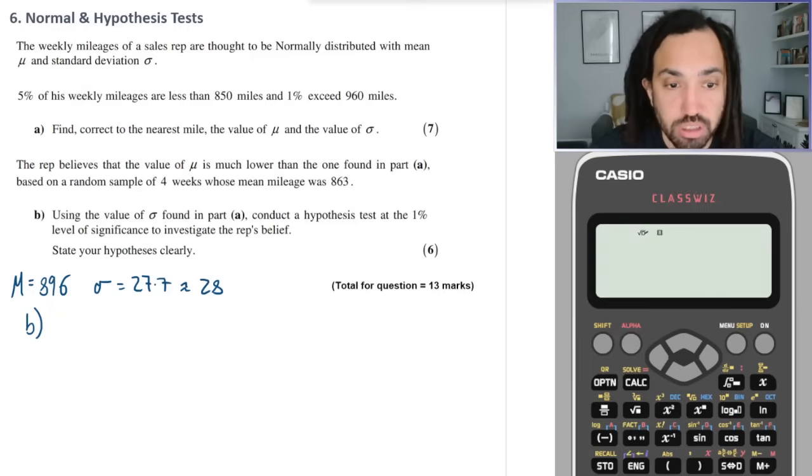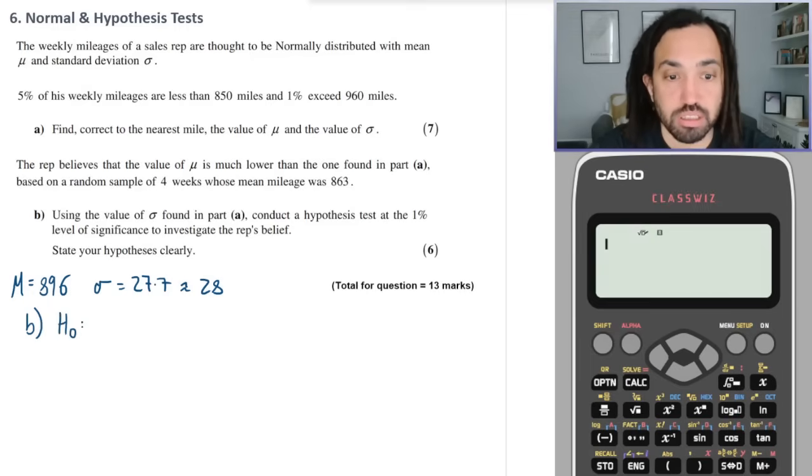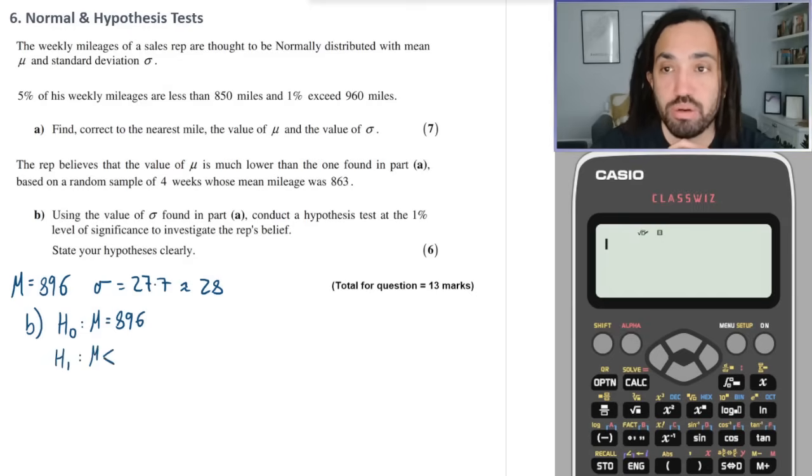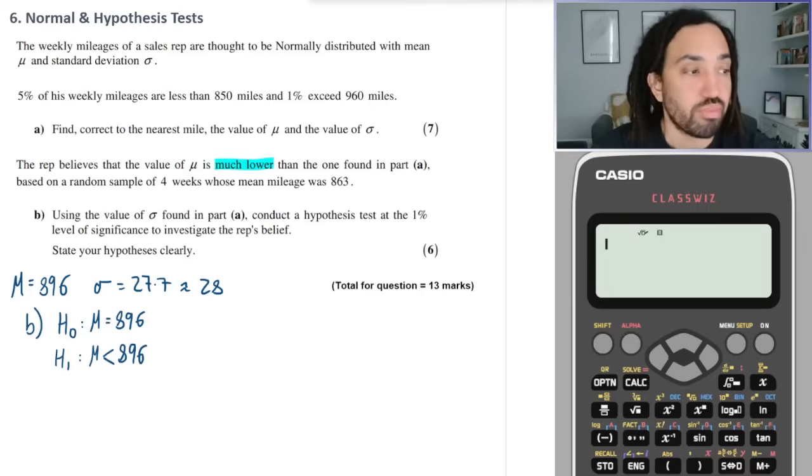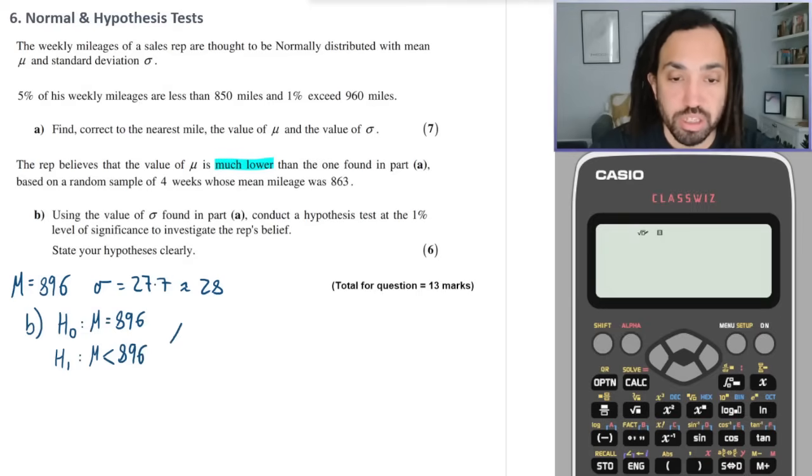So we start off with our null hypothesis, which is that mu is equal to what it was before, which is 896. And the claim is that mu is smaller, it's much lower than, is what we're told, 896.